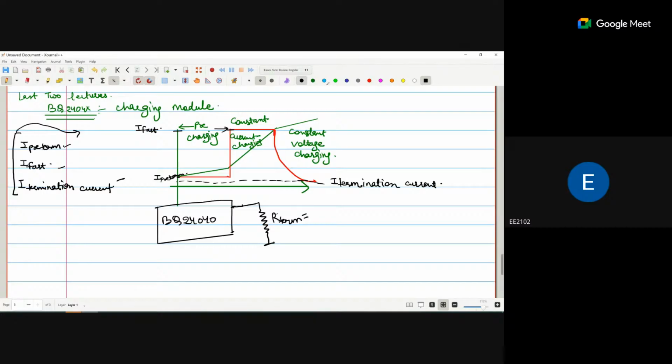The value of R term resistance, let's assume, is 10 kilo ohm or 20 kilo ohm. Now they are asking for the item. So this type of questions they are giving.